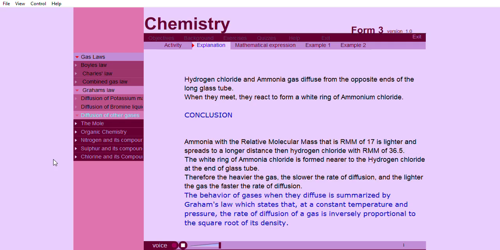Therefore, the heavier the gas, the slower the rate of diffusion, and the lighter the gas, the faster the rate of diffusion. The behavior of gases when they diffuse is summarized by Graham's law, which states that at a constant temperature and pressure, the rate of diffusion of a gas is inversely proportional to the square root of its density.